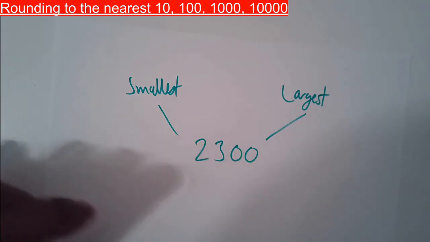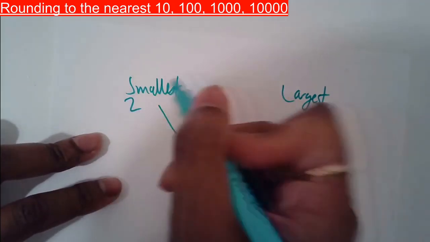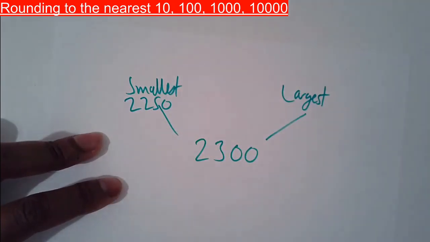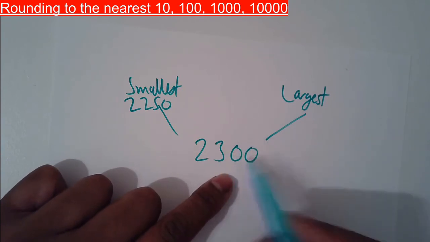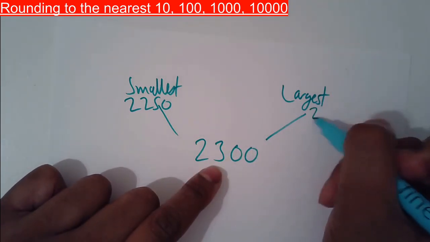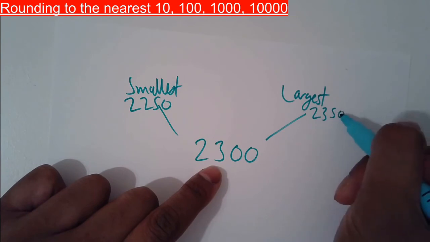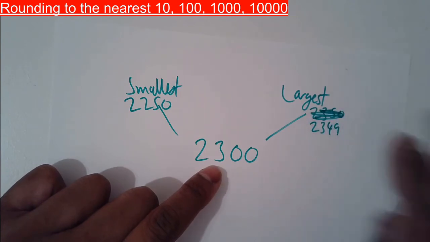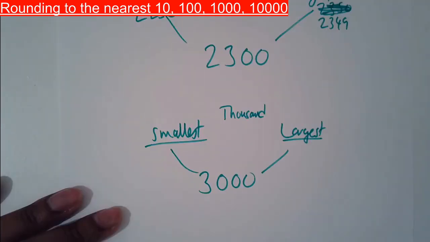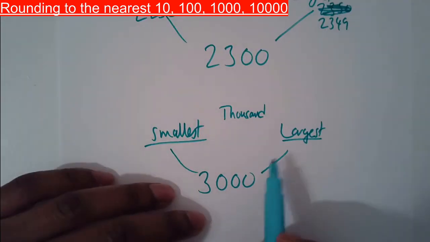So you subtract 50 from that. For the other one, you add on 50 and then minus 1. So that'll be 2,350, but minus 1, that'll be 2,349. Okay, largest, smallest.